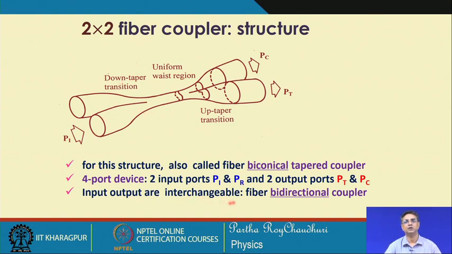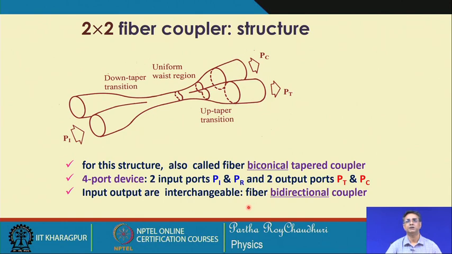This structure is also called a biconical taper structure, because you have two conical taper structures, one here and another here. So, it is called an FBT coupler and it is a 4-port device. You have two input and two output ports, but these two output ports can also be treated as input ports. Light is bidirectional, reciprocity of light.